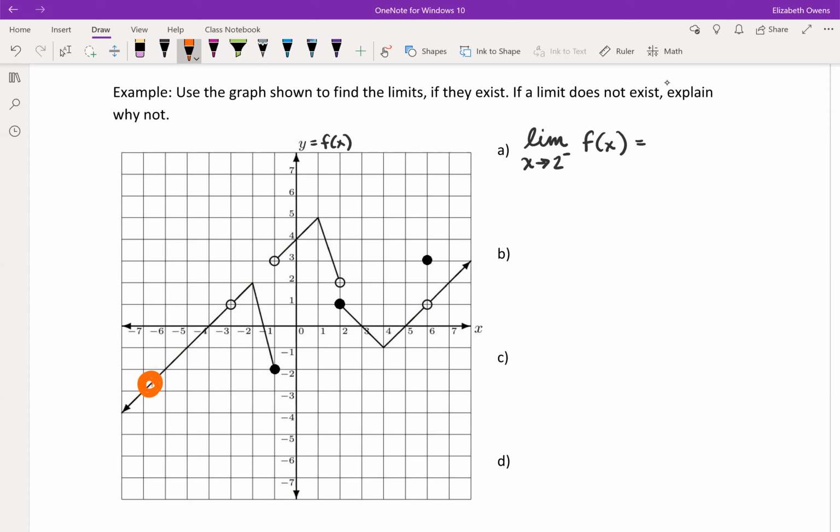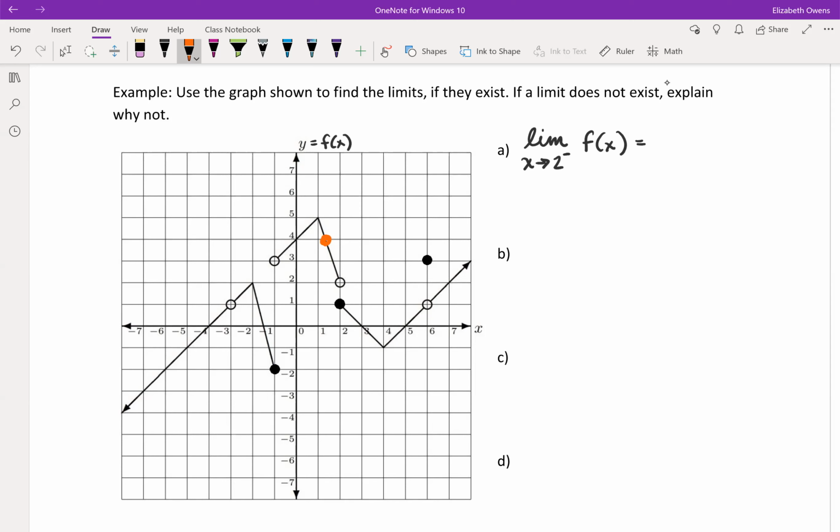We're more interested in what's happening as x actually gets pretty darn close to 2. So picking to start your function tracing from right about here would probably be fine. We don't want to be too far away from x equals 2, but we do still want to be to the left of that value. So I would put a finger on the function right about there.